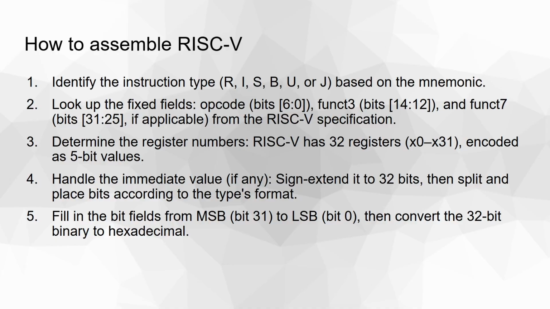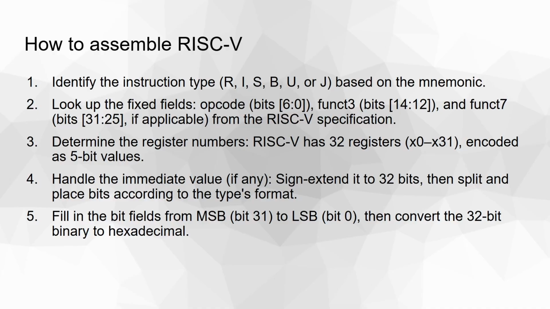The mnemonic is just the instruction name, so your add-I, store word, SW, all those. You look up your fixed fields, so you have your opcode, your function 3, and function 7 for certain instruction types from your RISC-V specification. I'd recommend having what's called a green card. It's basically just all of the opcodes, function calls, and a bunch of other very helpful information on hand.